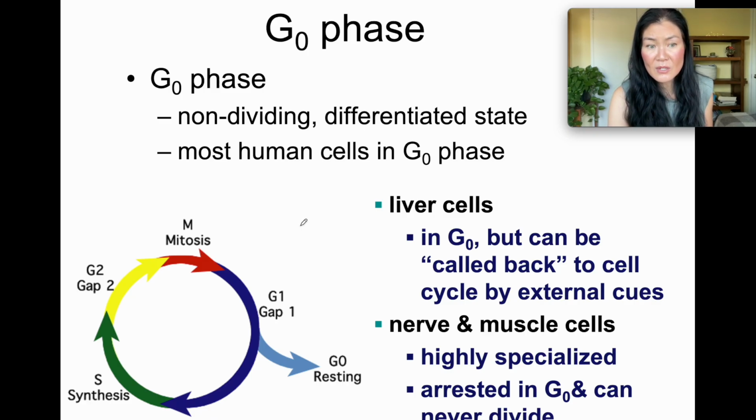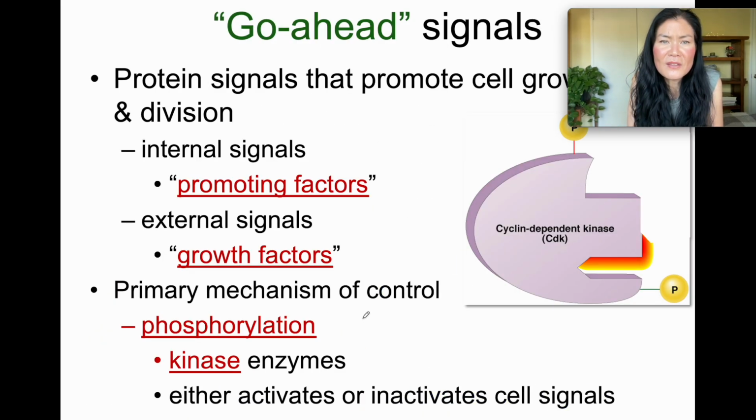If there's no go-ahead signal in the G1, then it's going to go into the G0 phase. So what are these go-ahead signals? These go-ahead signals are usually proteins. Inside the cell, these proteins are called promoting factors. Outside the cell, they could be called growth factors. And inside the cell, usually kinases are the go-ahead signals.